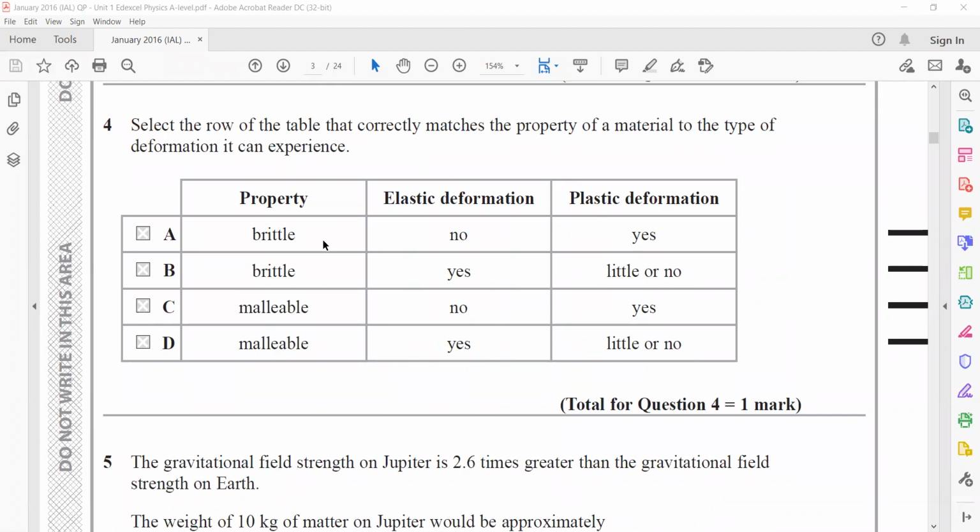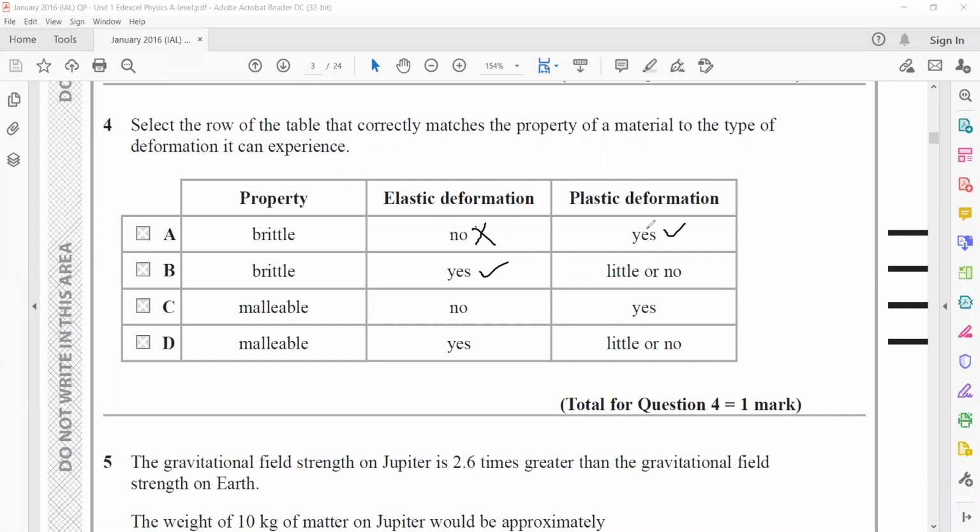Select the row of the table that correctly matches the property of a material to the type of deformation it experiences. So a brittle object can undergo elastic deformation. This is right, but this is not correct: a brittle object can undergo elastic, and plastic, no, it should be no or very small plastic deformation.